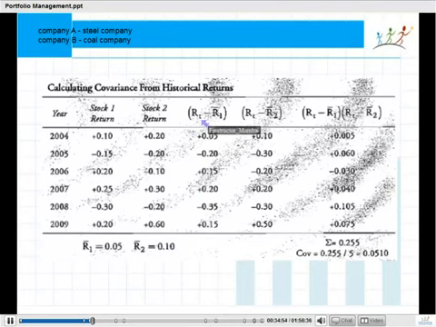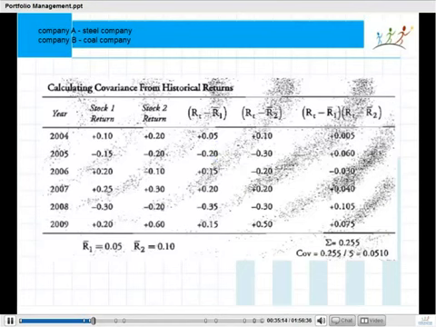Take the deviation of each of the values from the mean. So the deviation of the first value is what? It is 0.1 minus 0.05 or 0.05. Remember, deviation is always the value minus the mean. Take the deviation of the second value from the mean.